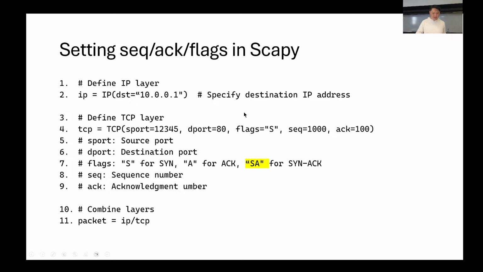First, this is the IP address, and there's the flags parameter, and we can use the initials of each flag: S, A, F, U, P. Sometimes we also use combined letters like SYN-ACK. Then here we combine this TCP packet and the IP packet.